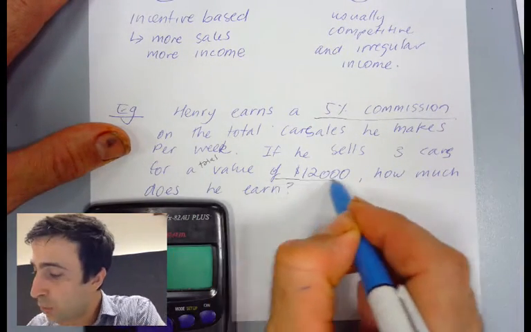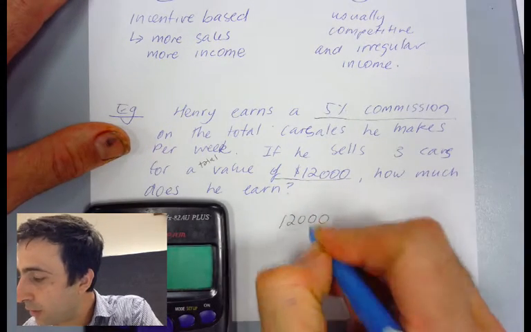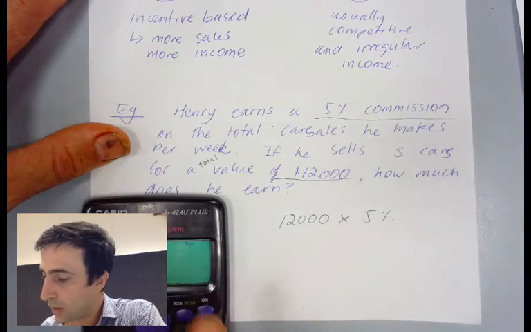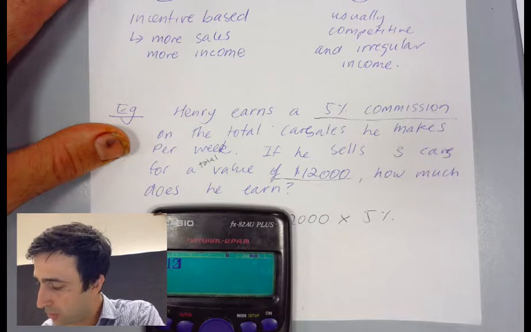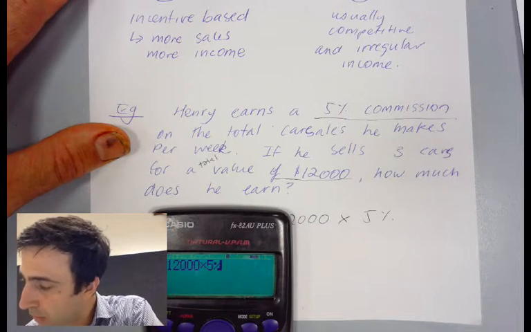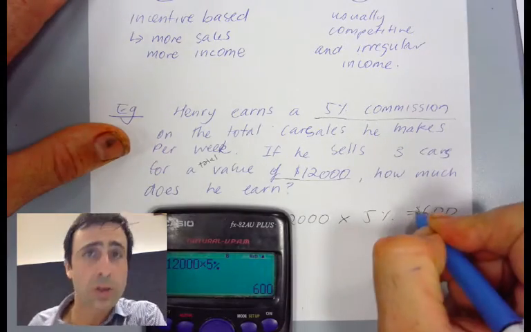This is just $12,000 multiplied by 5%. Let's type this in our calculator. $12,000 multiplied by 5%, boom, equals $600.